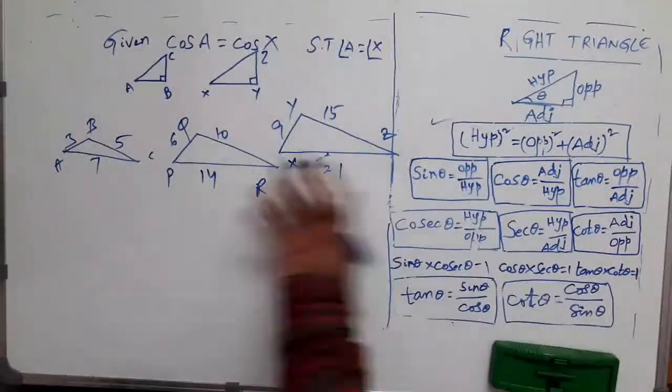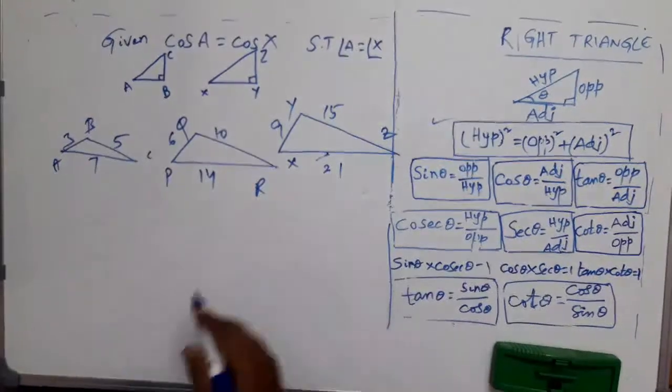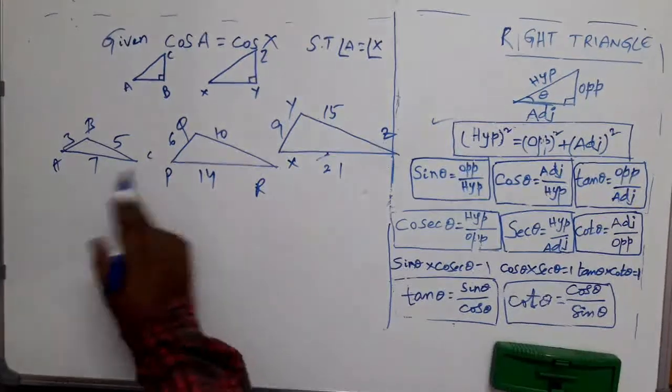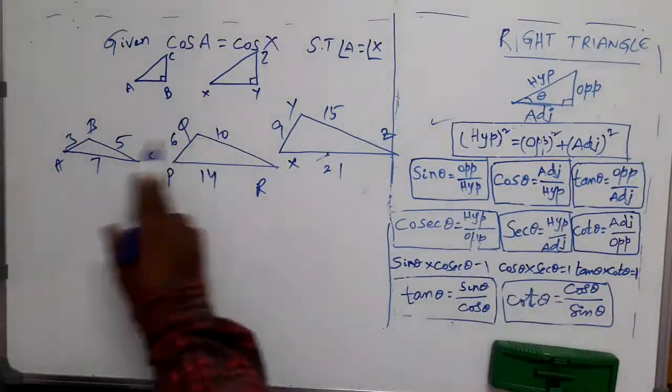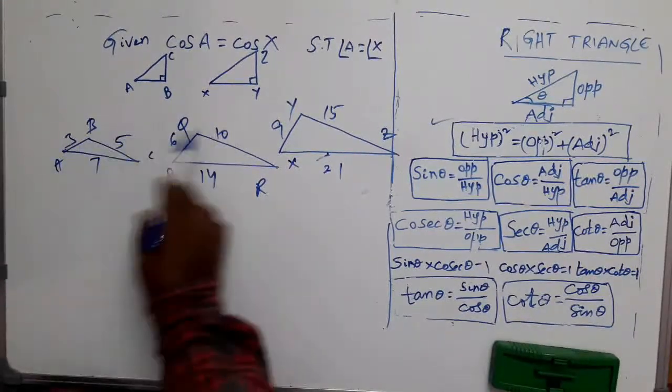Yes, these two are also possible, right? You can verify. Now consider these two triangles. You observe, do you see any relation between the lengths of sides of these two triangles? Yes, 3, 6, 5, 10, 7, 14.